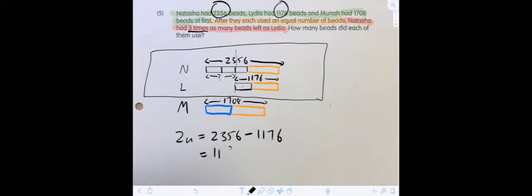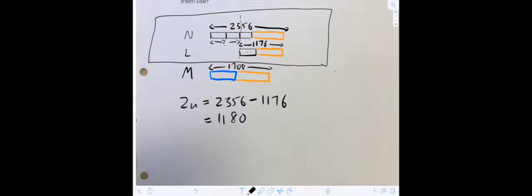I'll get 1180. So from here I can find what is 1 unit easily. 1 unit is just 1180 divided by 2, which will give me 590. So now we know that 1 black unit is 590.